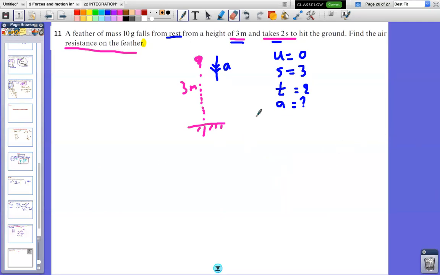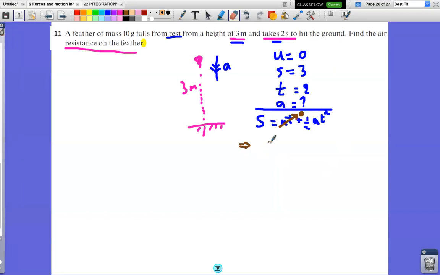s equals ut plus half at squared. Perfect. Just substitute the quantities and you are done. This is 0 since u is 0. So I will just look for my a directly.